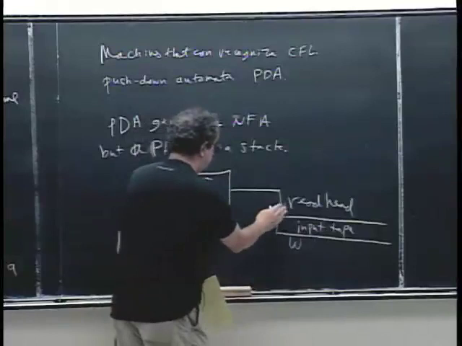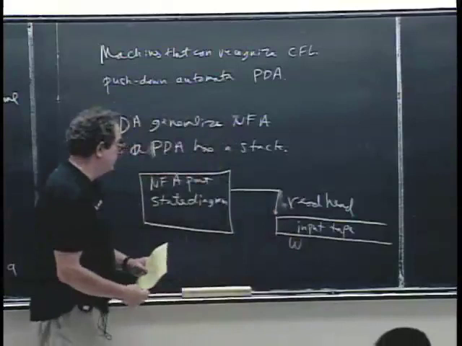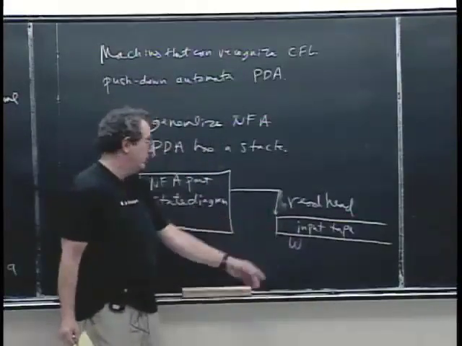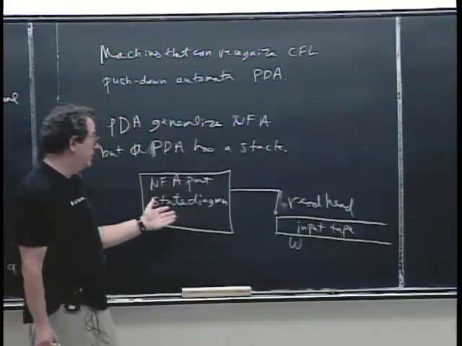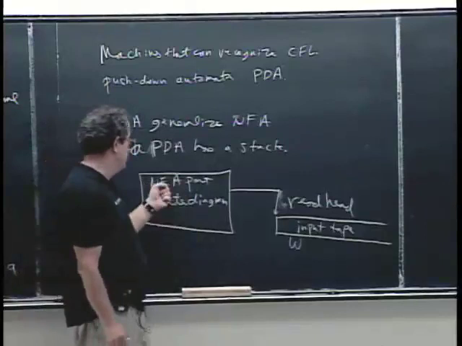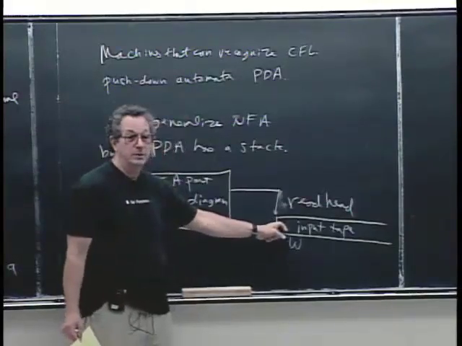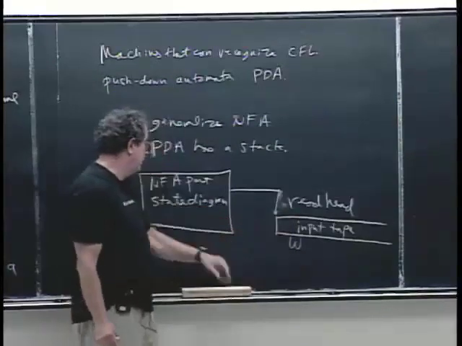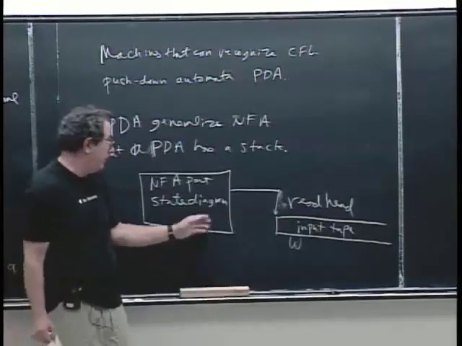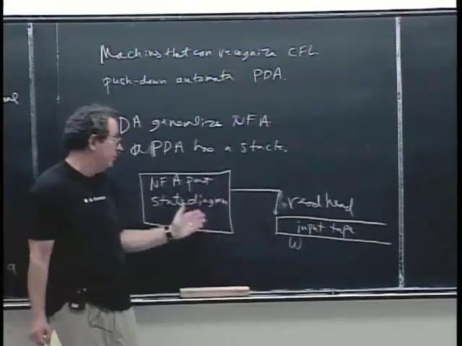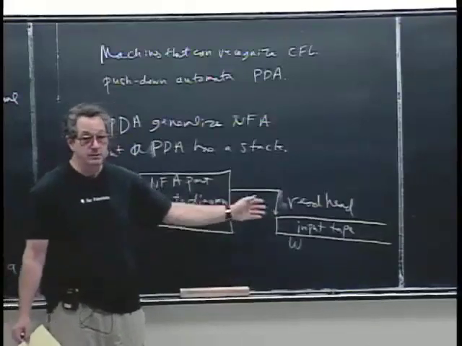Okay? And the read head starts at the left end. So this is the input, and here we have the NFA, which has rules in it, which says if I'm in a particular state and I see a particular character, I consume that character and I change state or stay in the same state. Okay, so far, this is just a cartoon picture of a normal NFA. There's nothing new in here yet.